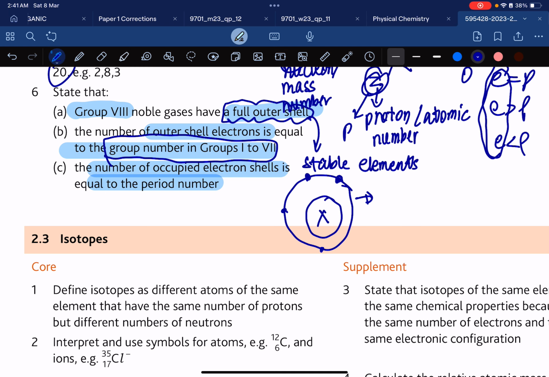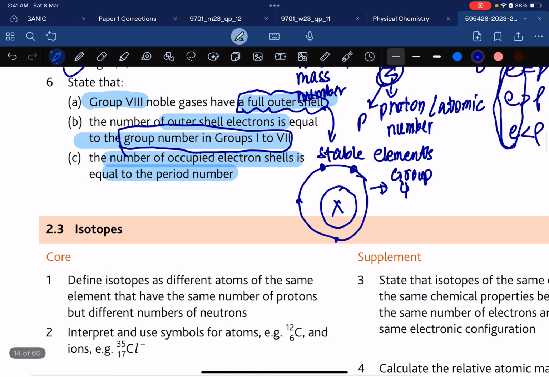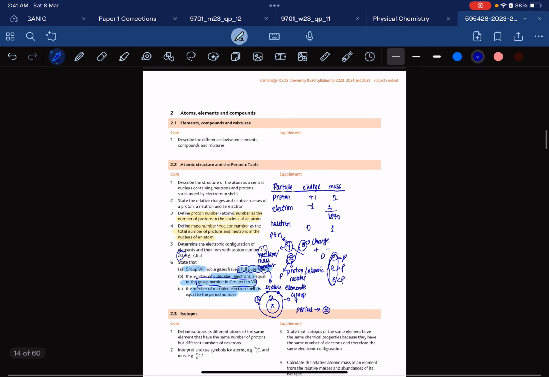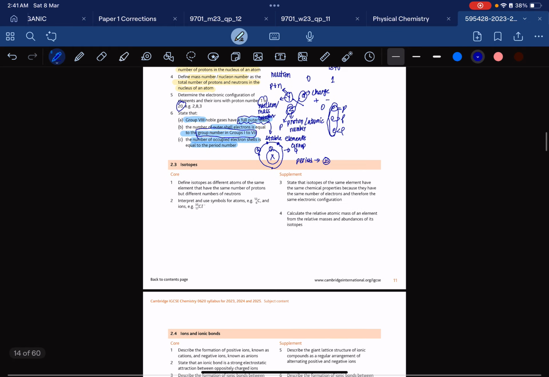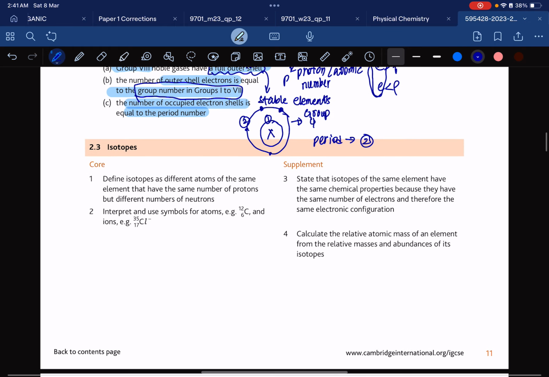So if it has 1, 2, 3 and 4, this will be in group 4. Then the number of electron shells that I have here, which is 2, is going to be the period number. So the period would be 2. Do I need to know anything else for supplement? No. Let's go on to isotopes then.